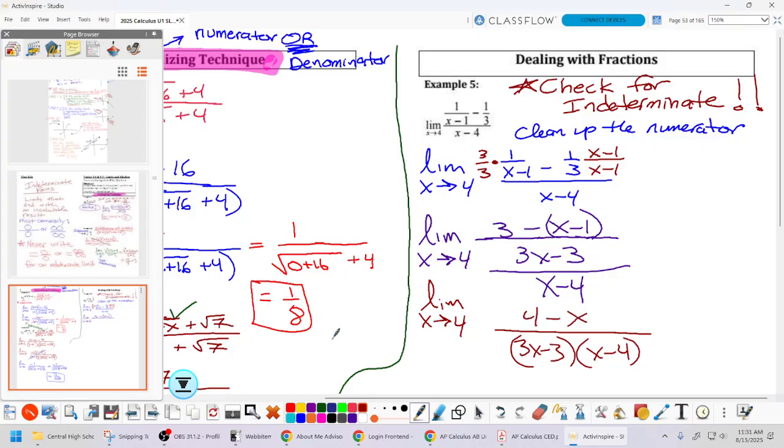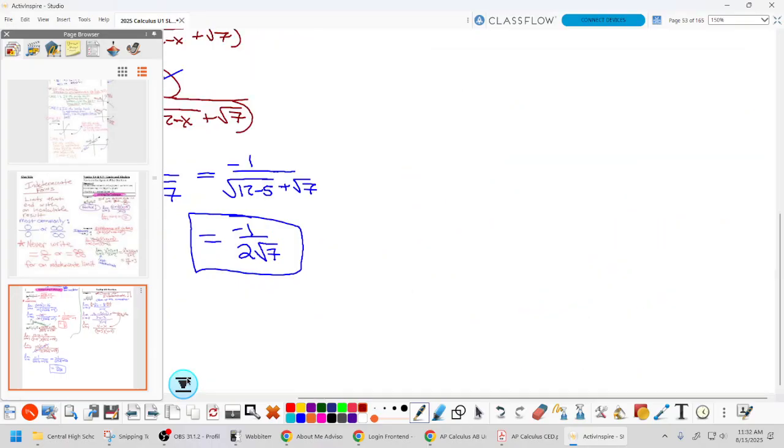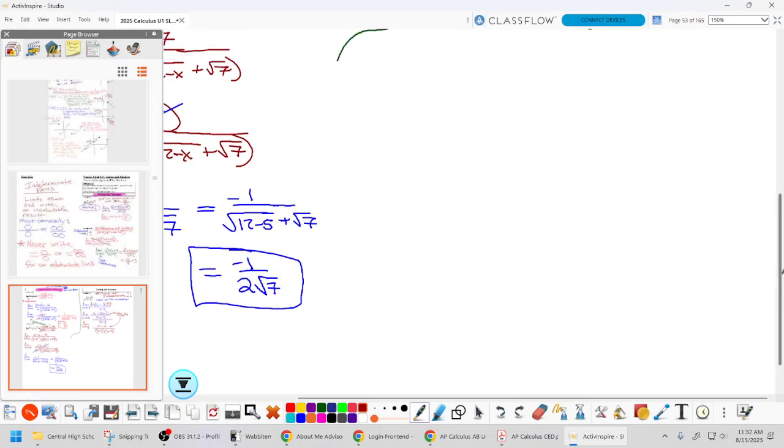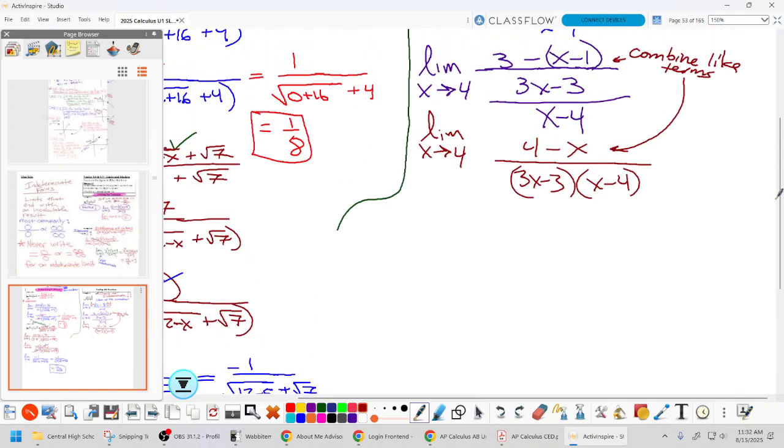Do I need to do that, or are we following? So I just did this combining like terms here. Okay. So we get 4 minus x. Do you see where to go from there?